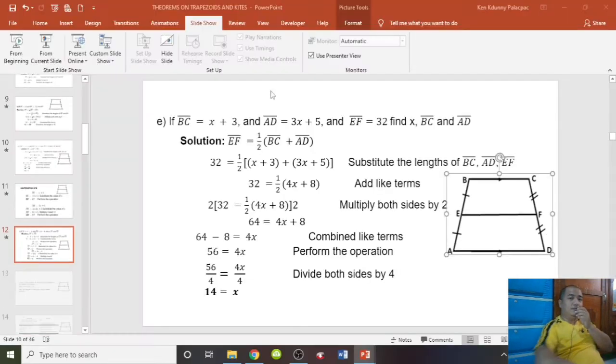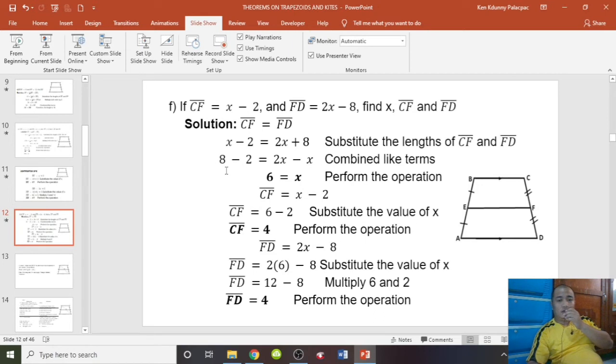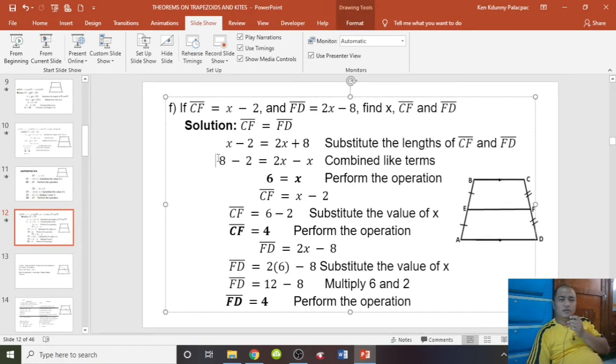Skip natin. There's something wrong here. 2x minus x, ito pa dapat negative to. Negative 8 minus, unless it's minus. Doon pala nagkamali, no?